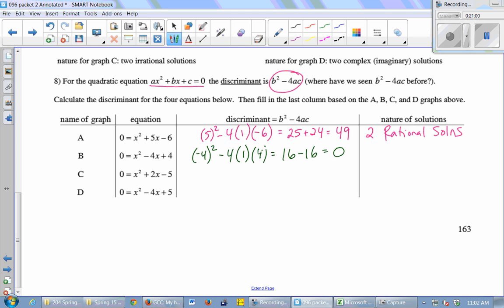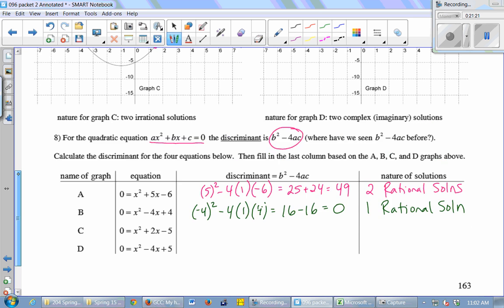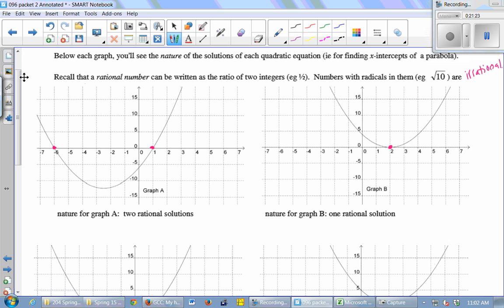And whether you add 0 or you subtract 0, you're going to land in the same spot, right? So in this case, we have one rational solution. That's going to touch the x-axis in one spot, right? This is graph B. This one rational solution.